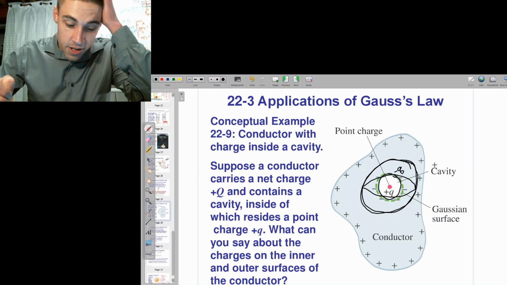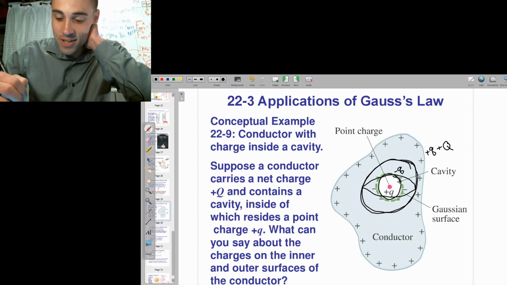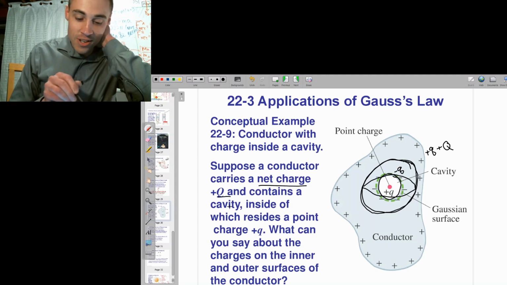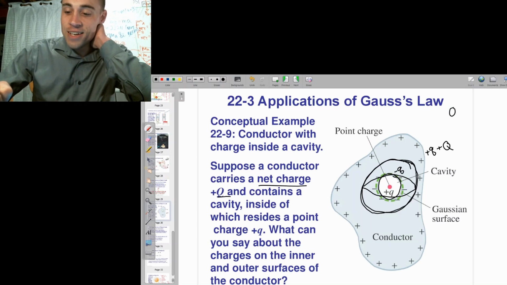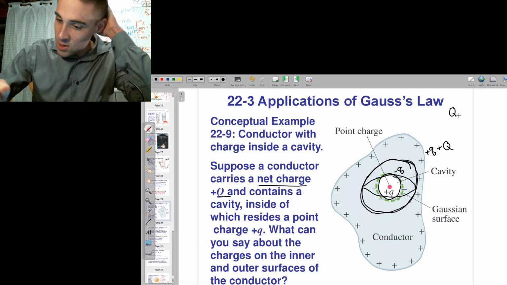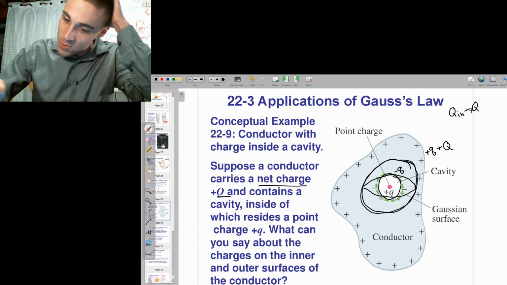And if the conductor then carries a net charge positive Q, that means that this exterior here has to have not only the opposite, plus little q, but it also must have that plus big Q, the net charge, because all the charge has to reside on either the interior surface or the exterior surface. And since the net charge on the conductor is positive Q, when I add the charge inside plus the charge on the outside surface, it has to be equal to plus Q, right?